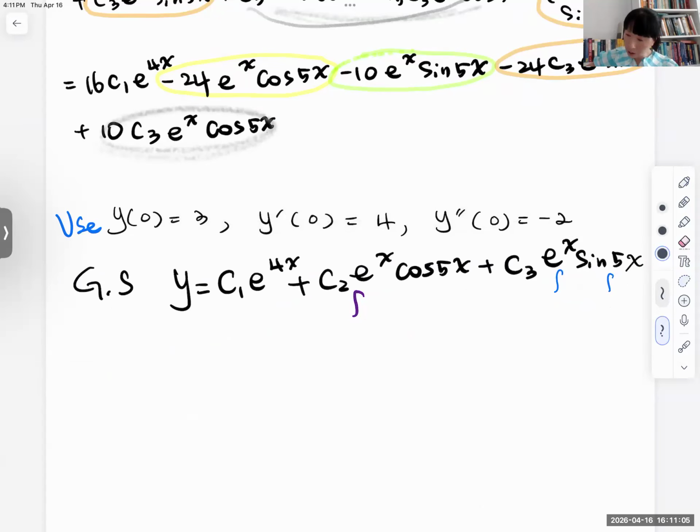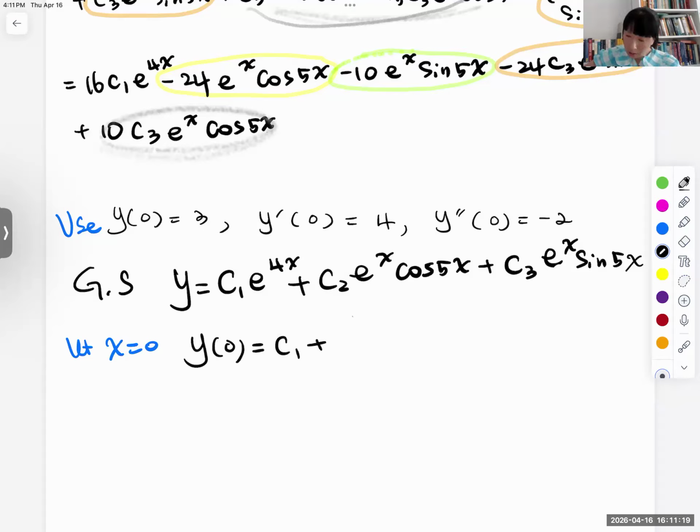All right. So when x equal to 0, y of 0 equal to c sub 1 plus, cosine 0 equal to 1, right? So c sub 1, hold on one second.